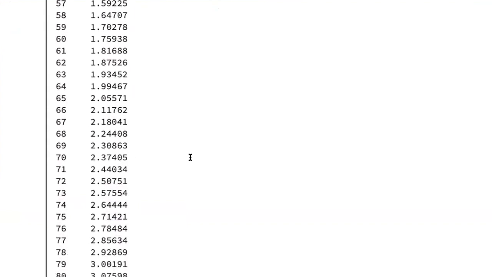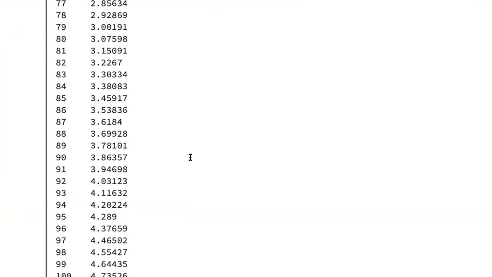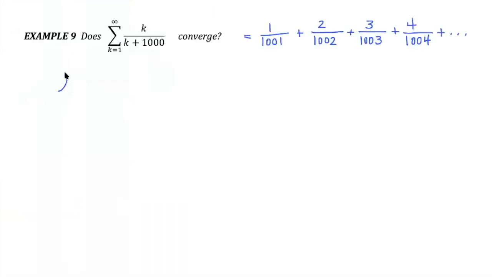So I'm not seeing an upper limit here. It does seem that this might be unbounded, meaning that it's going to diverge, but I can try the nth term test to get a definitive answer. The limit as n goes to infinity of the s sub n appears to be infinity.